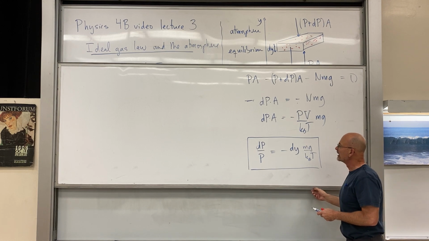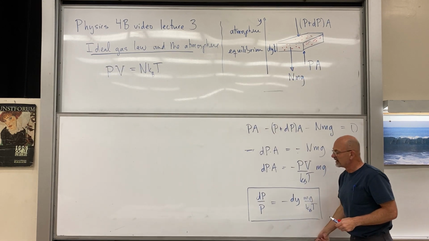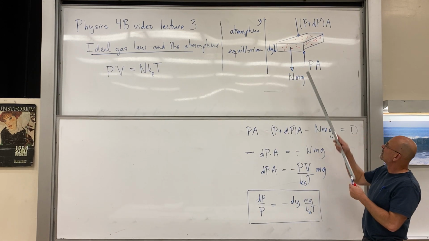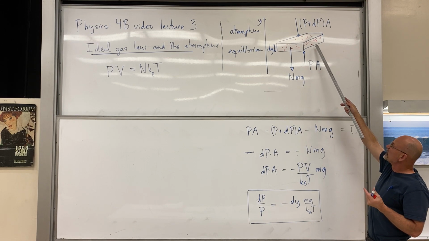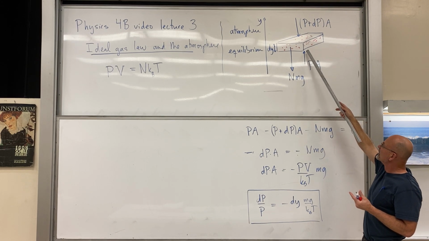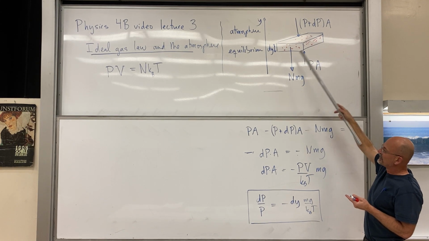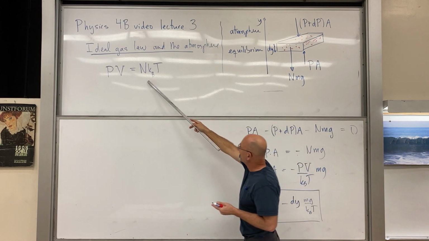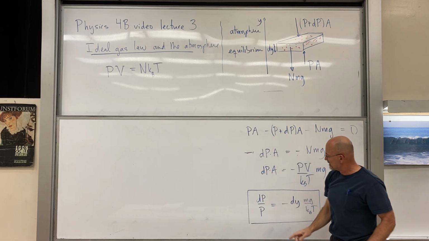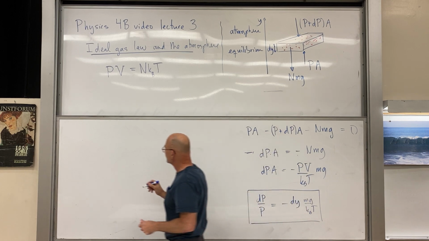Okay. So what we have done is apply the idea of a little thin slab of gas particles in equilibrium, under the influence of gravity, and then we substitute that N with the ideal gas law. So let's go ahead and integrate this up.